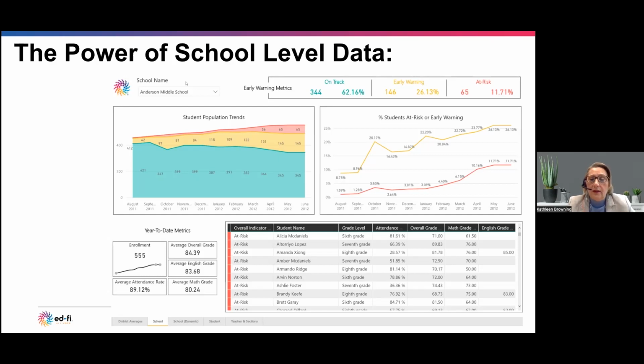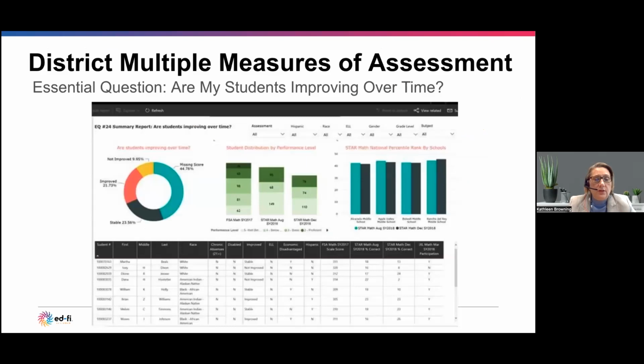So once you have school metrics, you can then create district metrics. You sum all of your school metrics up and generate district metrics. And so this is another view of a district, and it shows their student performance levels in the middle and student STAR math scores on the right. And the graph on the right shows the ratings per school.